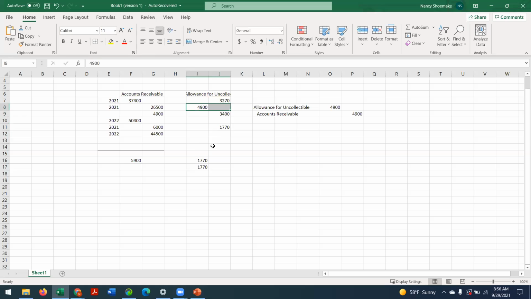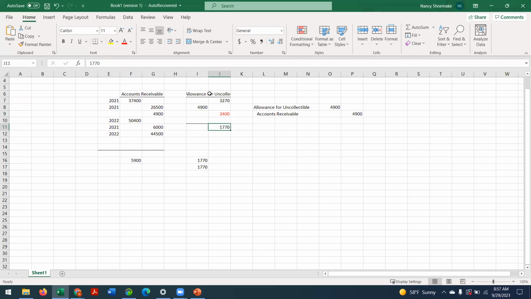Here, let me just, 1,770. So in other words, our allowance for uncollectibles ending balance needs to be 1,770, 30% of this 5,900. Because we had a debit, this becomes our plug-in figure so we can end up with 1,770.